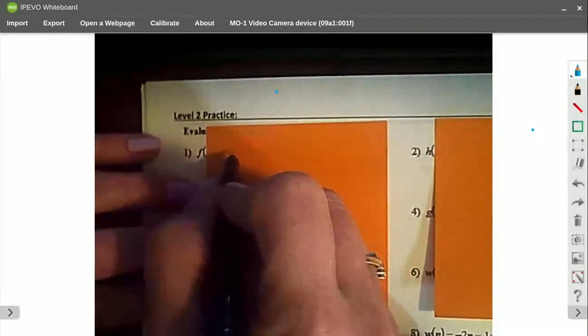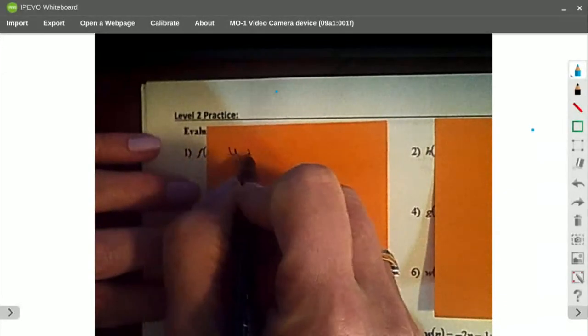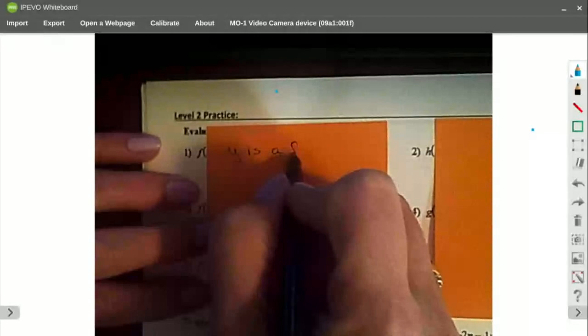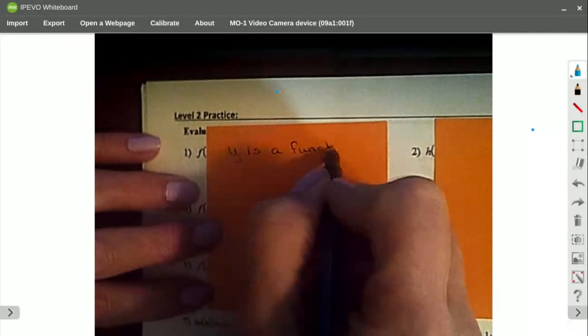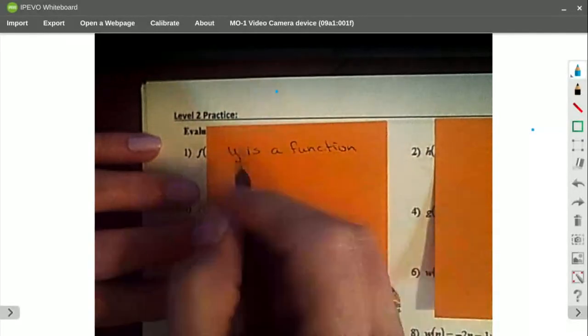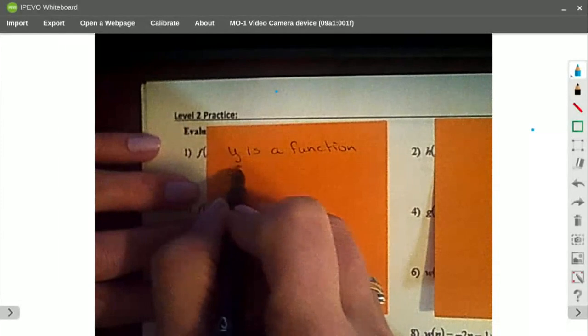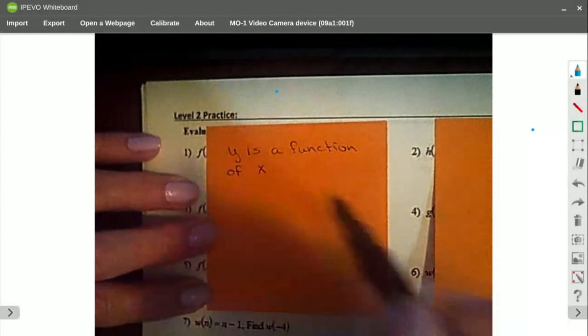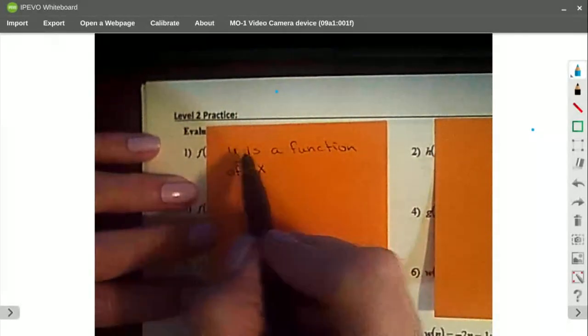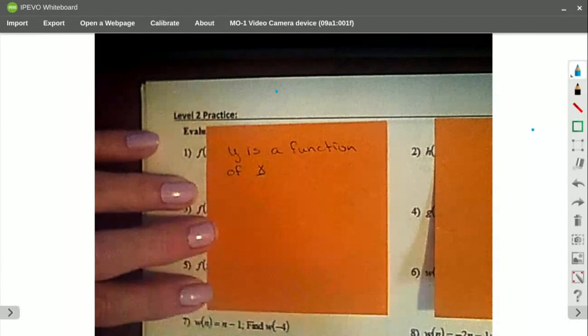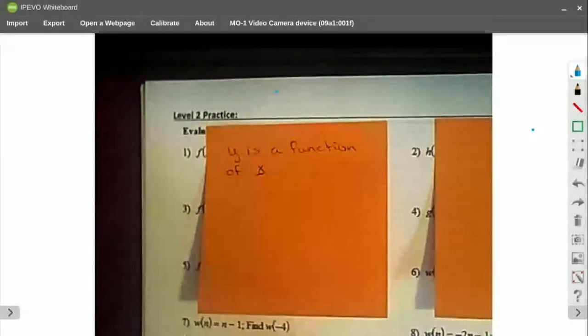So y is a function, there's that vocabulary word, of x. In other words, y gets pushed around by the x. Whenever I change that x up, that forces a change in the y.